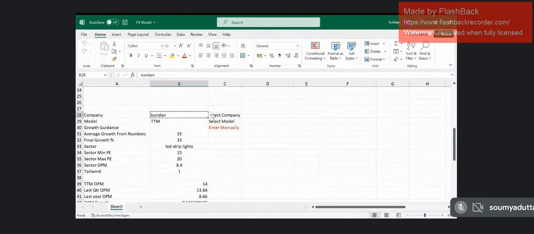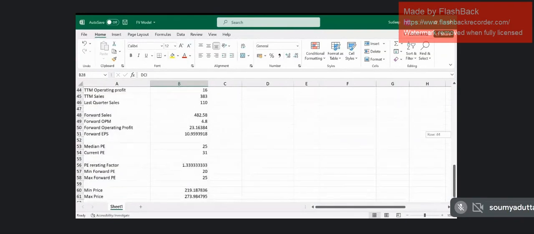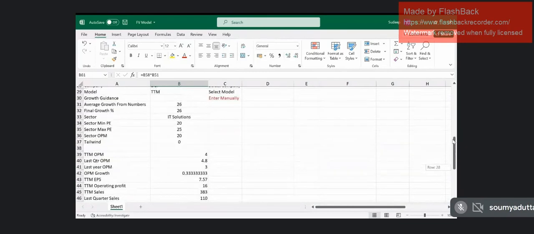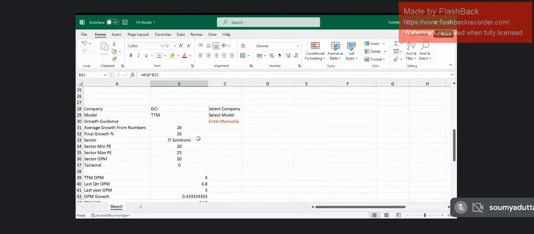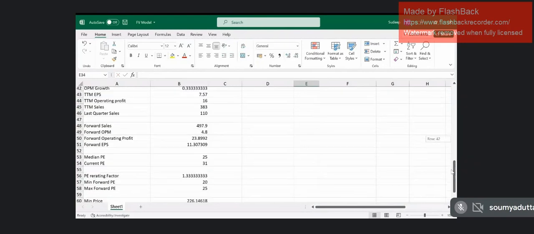Select a company. If I click on DCI, I will get its fair value here, 219 to 273. So I just need to put the guidance of the company here, then I will get the fair value.